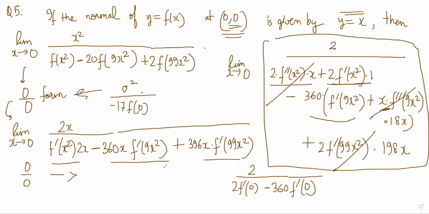So what we get here is 2 times 2 into -1, minus minus, so plus 360. This becomes 2 by 358, or equal to 1 by 179, right? So 1 by 179 should be the answer for this, correct?